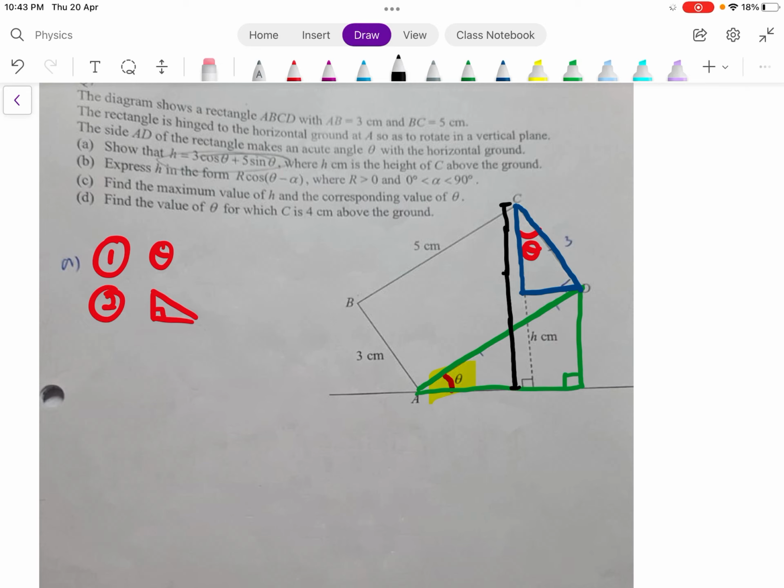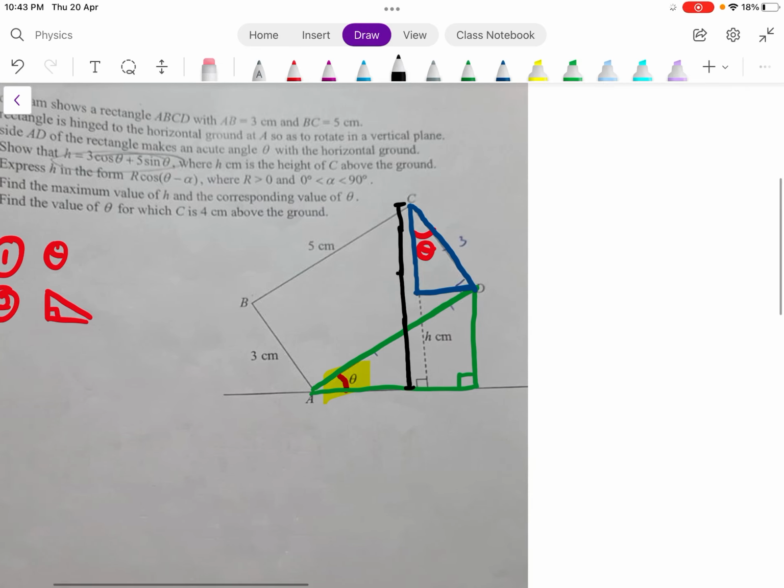Looking at the first right angle triangle, I want to find the opposite, because I want to find this height first. So this is known as your opposite. Since I have the opposite, I also have the hypotenuse. The hypotenuse is given as 5 right here.